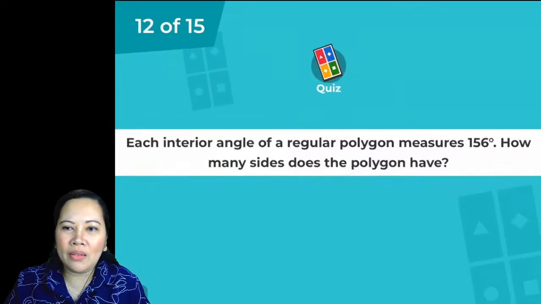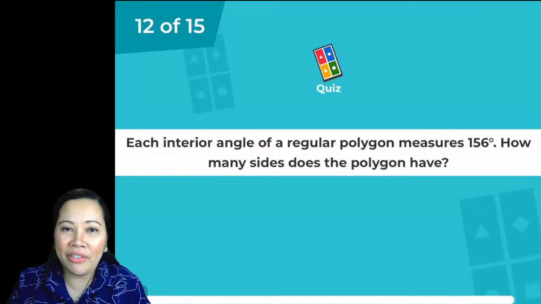Question number 12. Each interior angle of a regular polygon measures 156.